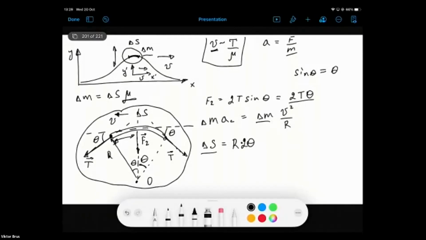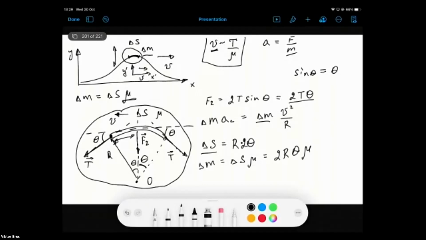So now if we consider that we know the linear density mu of this string, delta m is equal to delta s times mu, and that is equal to 2 times r times theta times mu.